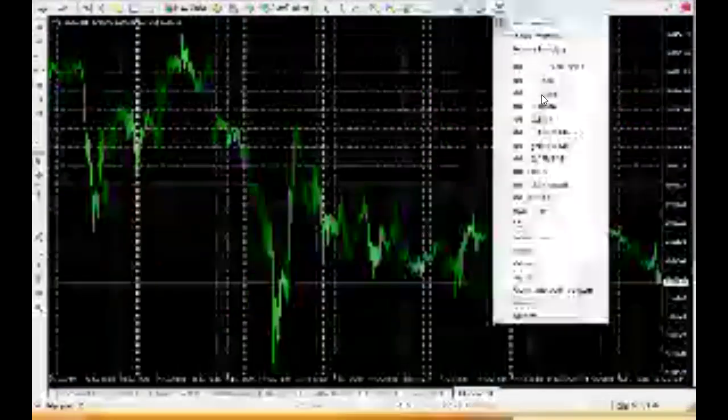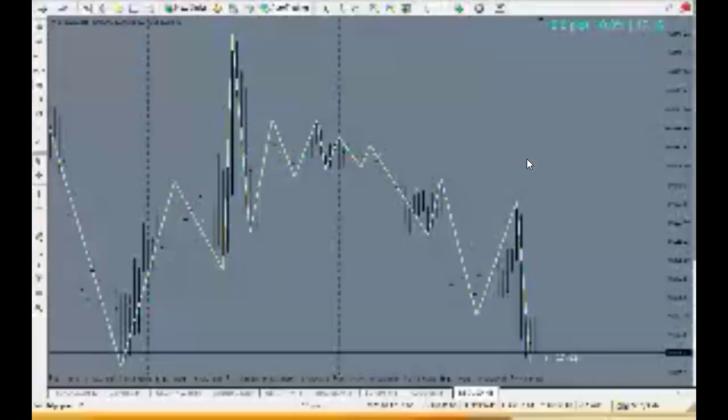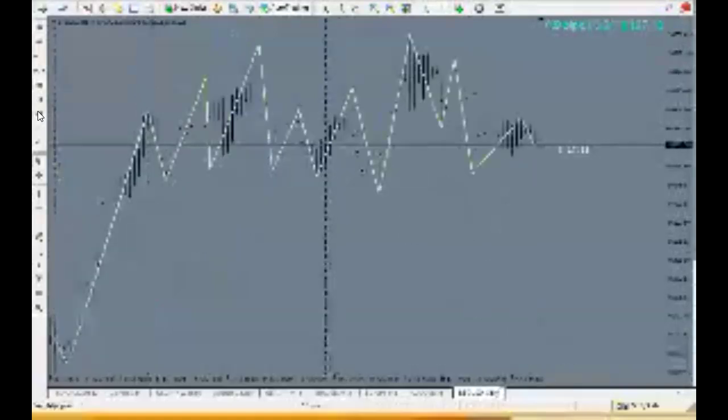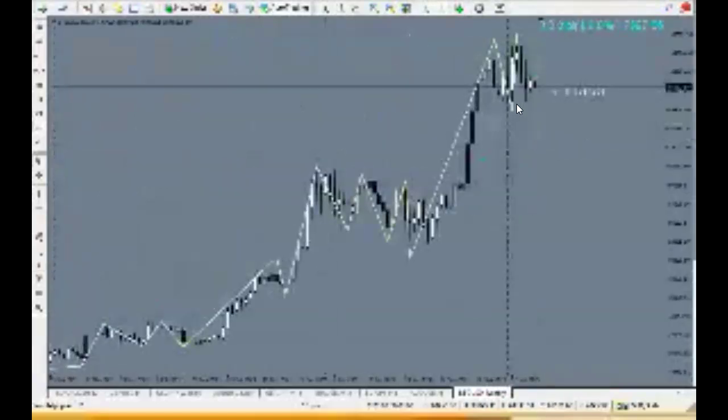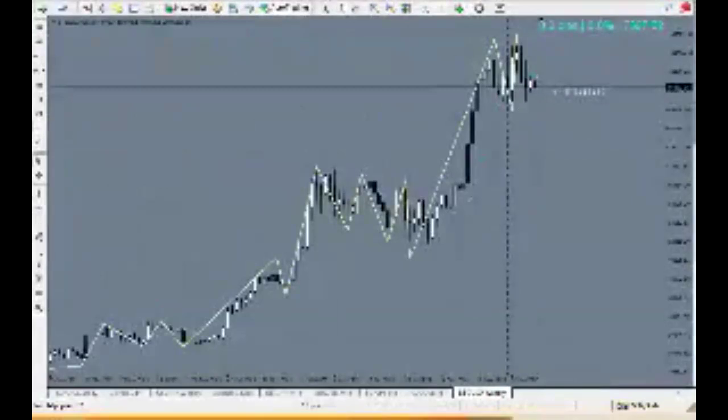Let's put our zigzag there. Let's look at the daily first. We don't necessarily need to go all the way to weekly, but just for the sake of analysis. When you're trading, you don't need to go all the way to weekly. Let's mark our highs and lows.